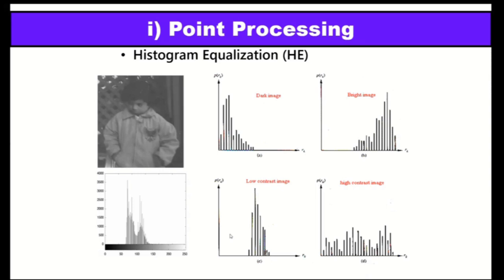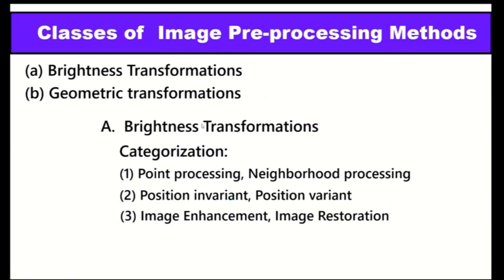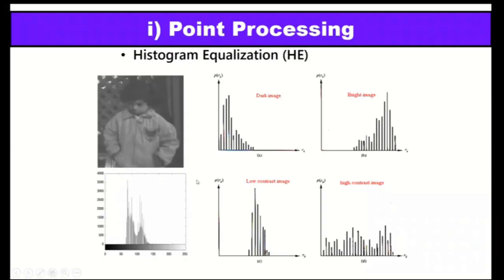In point processing, we scan every pixel of the image. Then we apply statistical transforms. So we correlate each pixel's brightness with its neighborhood, or all points. One of the techniques is called histogram equalization. We have done this in practical.